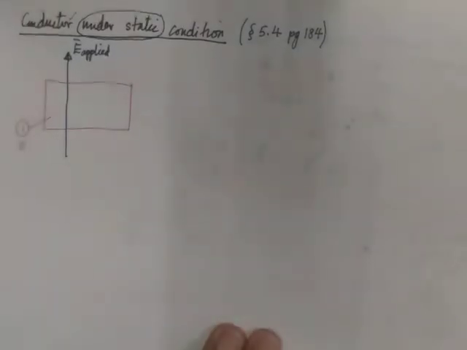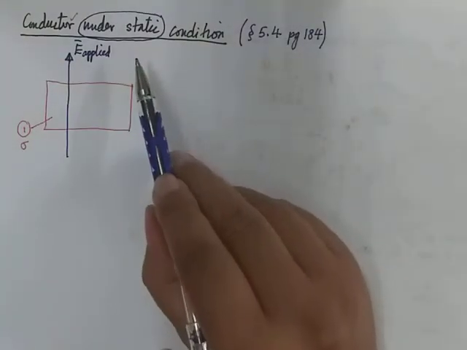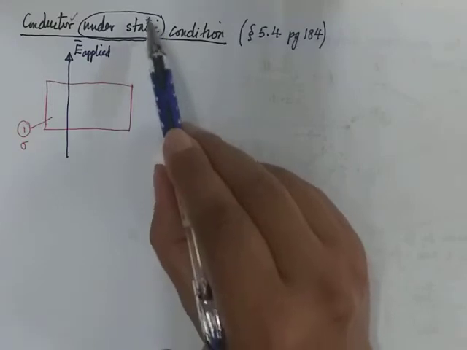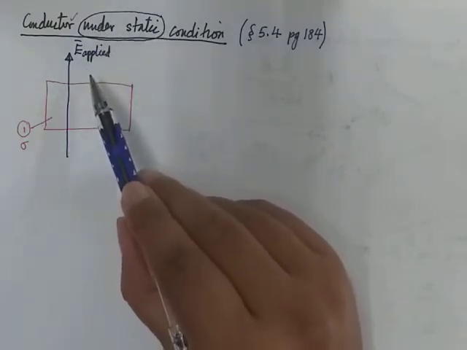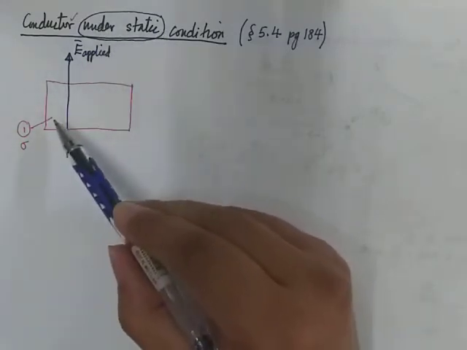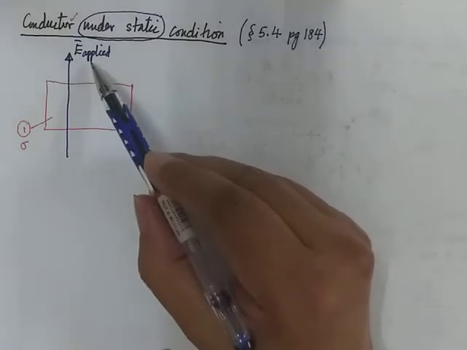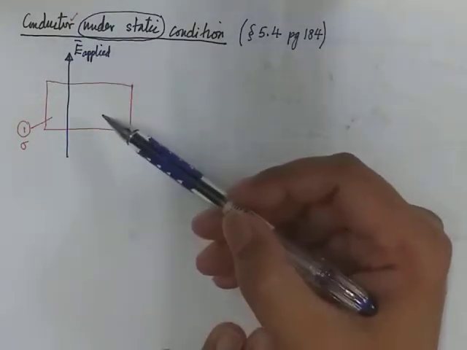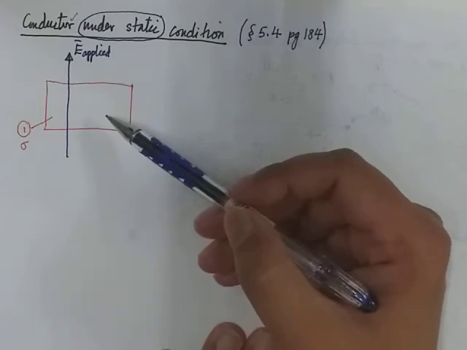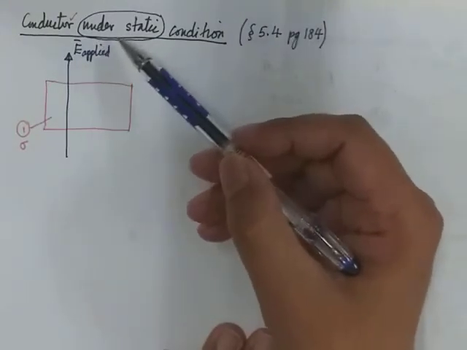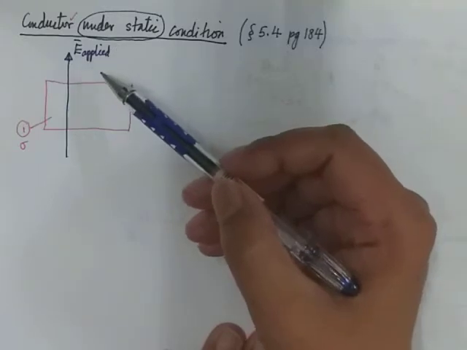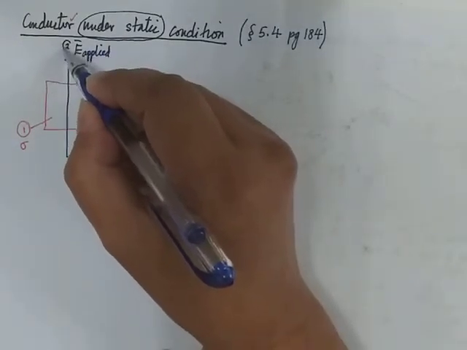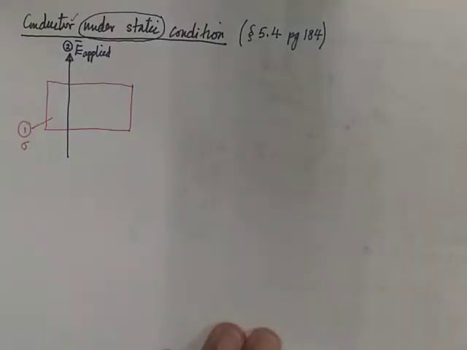Conductor exposed to electrostatic field: what happens to the conductor when we expose it to a static field? Under static here indicates electrostatic. That is the second parameter needed in the discussion, correct?